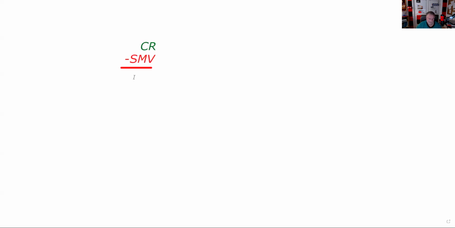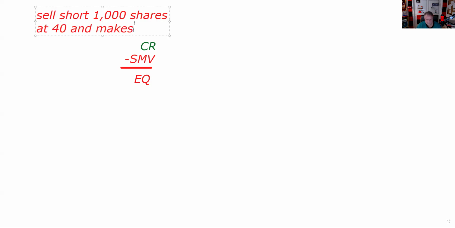And so now it's kind of the same setup, and then a mark to market. So now we say that your customer sells short 1,000 shares at 40 and makes the required deposit. There's no doubt now it's a short margin account, because you can't short securities in anything other than a margin account. So whether you want to borrow money or borrow securities, you need a margin account.